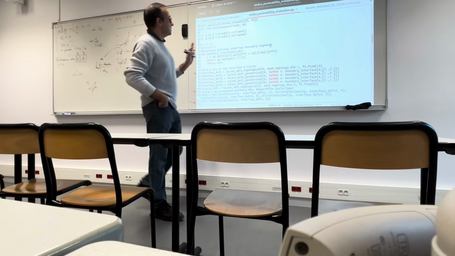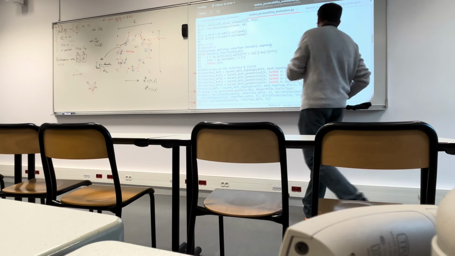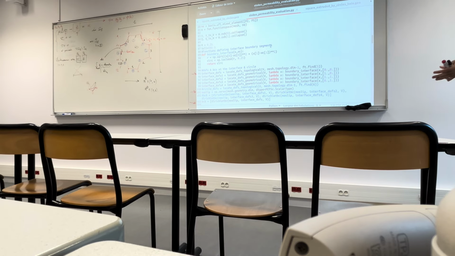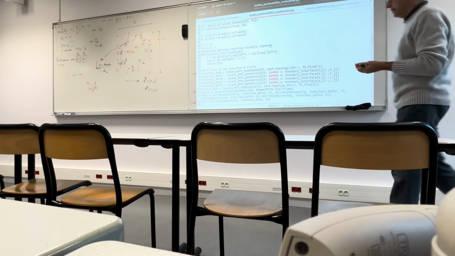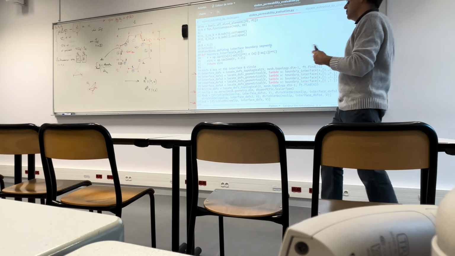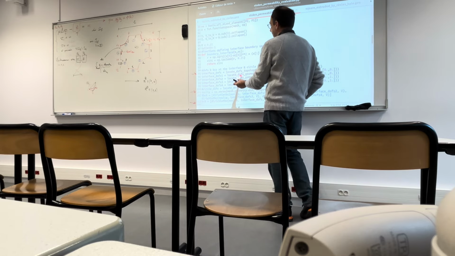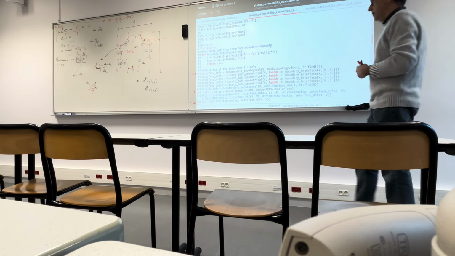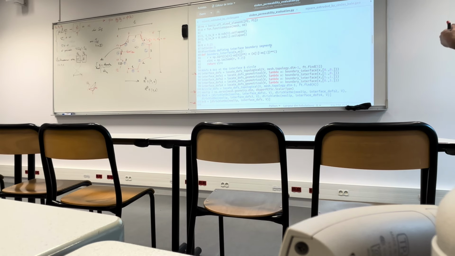Another way, so this is just using the information coming from the file that we have imported. Another way to do that is using this locate DOF geometrical function that we have also imported.